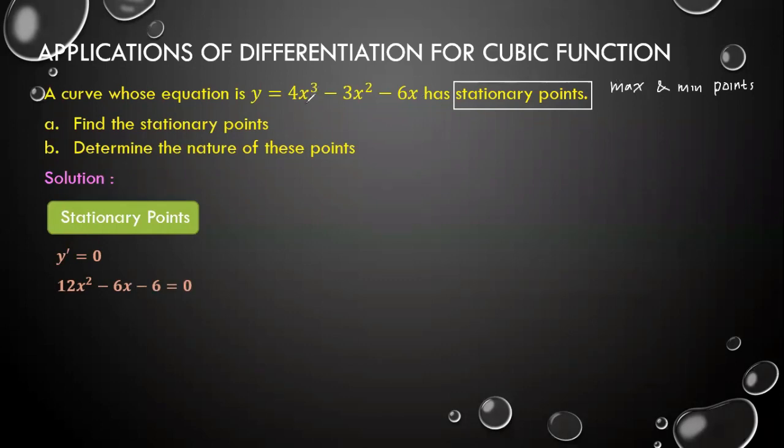Students, the function is 4x to the power of 3 minus 3x squared minus 6x, right? So dy over dx, we'll find, is 12x squared minus 6x minus 6. Very easy, right?